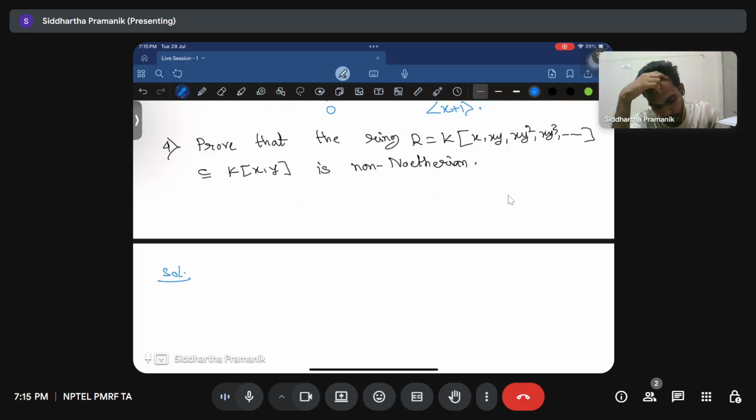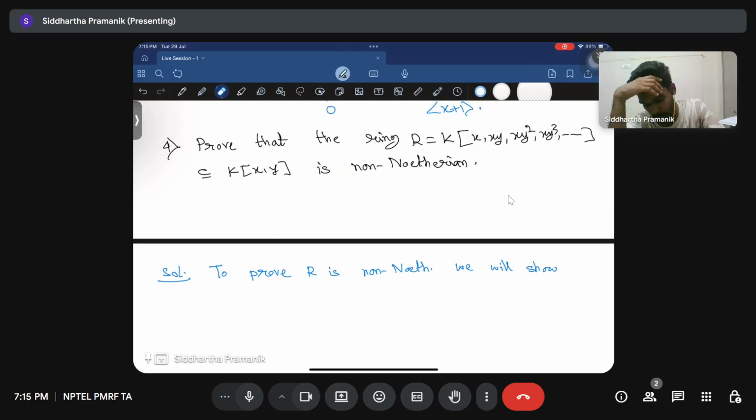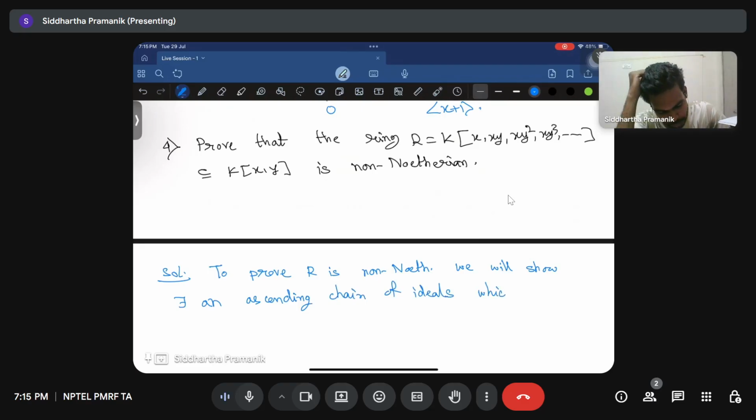To prove R is non-Noetherian, we will show there exists an ascending chain of ideals which does not stabilize.